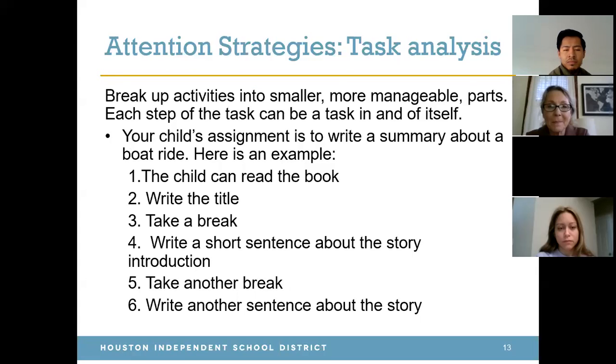Number 2, the child can write the title, then take a break. And that may be a 5 or a 10-minute break, and you come back to that task. Then you can have the child write a short sentence about the story, introduction. Then you might take another break. And then when they come back, they can write another sentence about the story. And that's how you get that task completed. You just break it down into short sequences, steps.